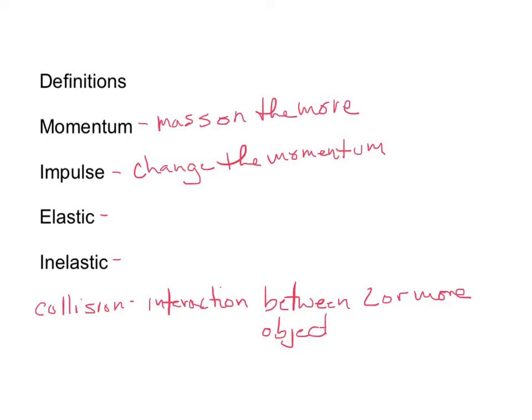In an elastic collision, there is no loss in energy due to deformation. Now, what is deformation? Deformation is the permanent changing of shape of an object.